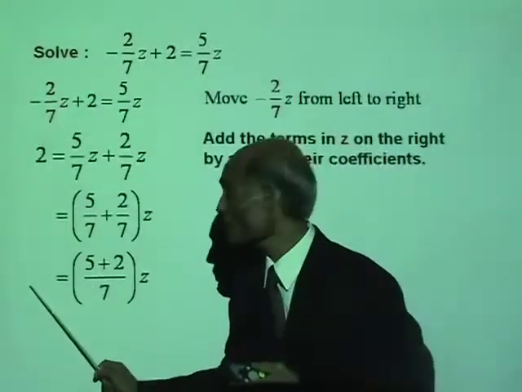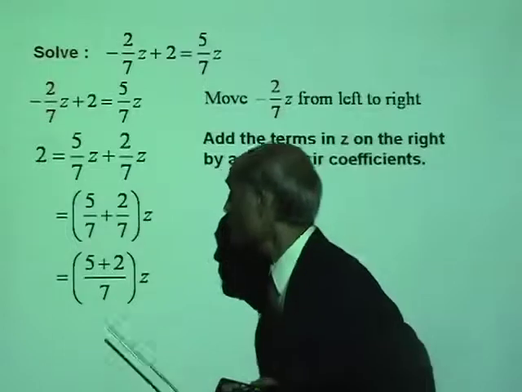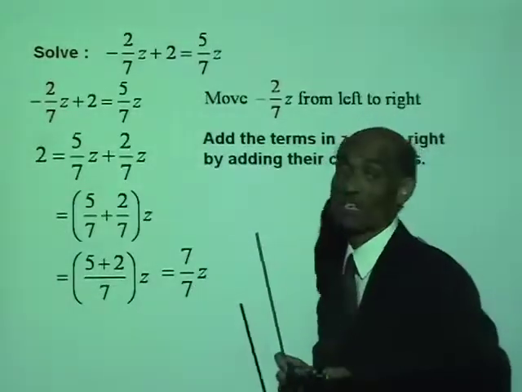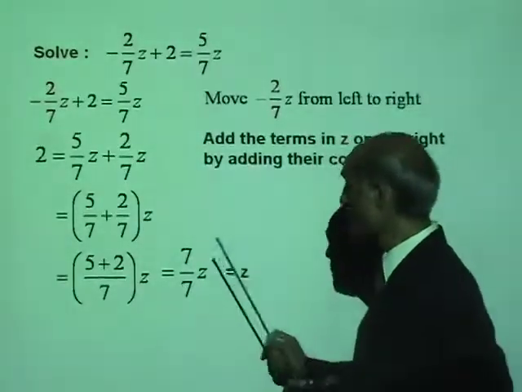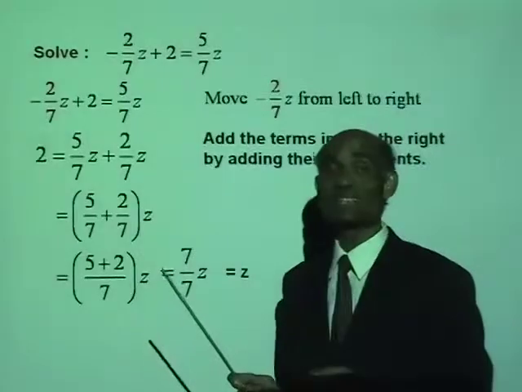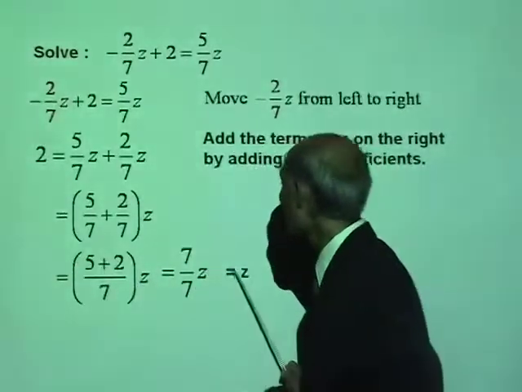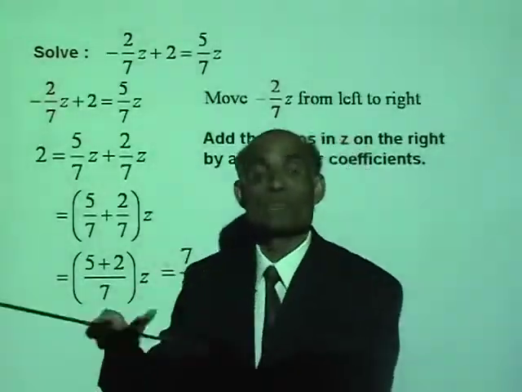What is my left hand side? Left hand side is 2. And what is this? That will be 7 over 7z. 7 over 7 is 1. So this is 1z, or simply z. Now what we have is 2 equal to z, or we can now write z equal to 2.